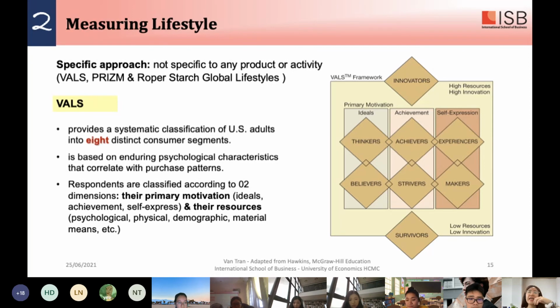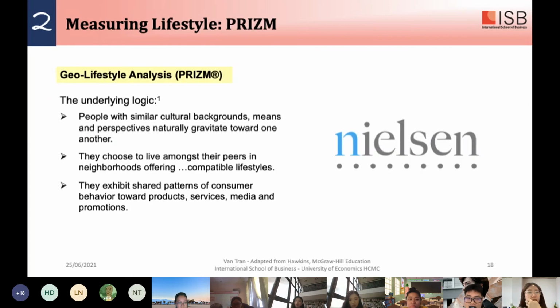And on the other hand, we have some other methods to look at lifestyle. Nielsen introduced PRIZM, which is geographic lifestyle analysis.